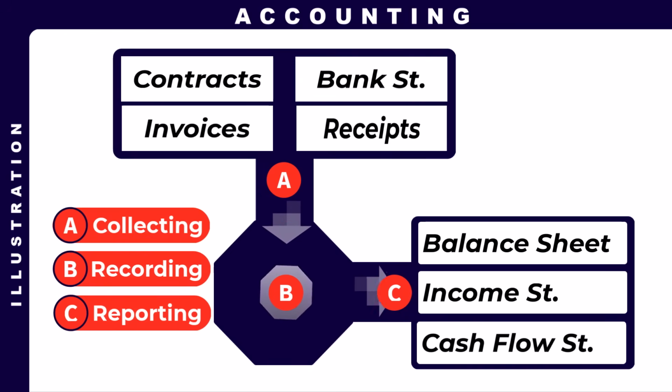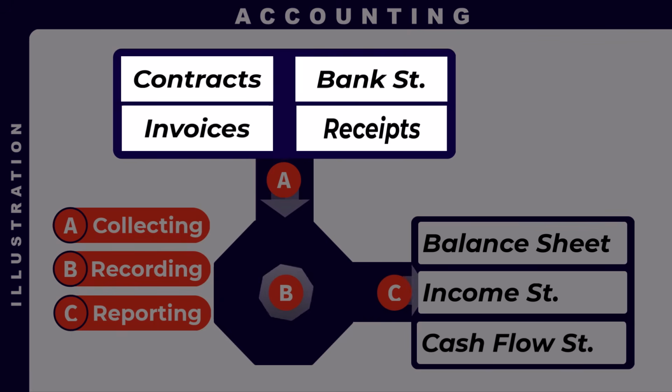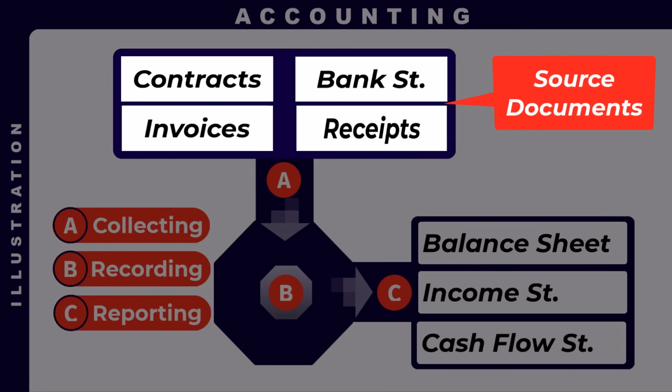Financial information is collected from different sources. The most common and widely used sources are what you see up here: contracts, invoices, bank statements, and receipts. These documents are referred to in accounting as source documents or supporting documents.